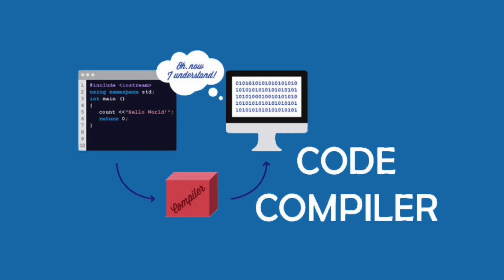But in the case of JavaScript, it doesn't compile code, it just interprets the code, or reads through the code and performs the commands that are in the code. So there is no compiler in the case of JavaScript, but an interpreter that runs through the code and performs those actions. So what are the components of JavaScript?